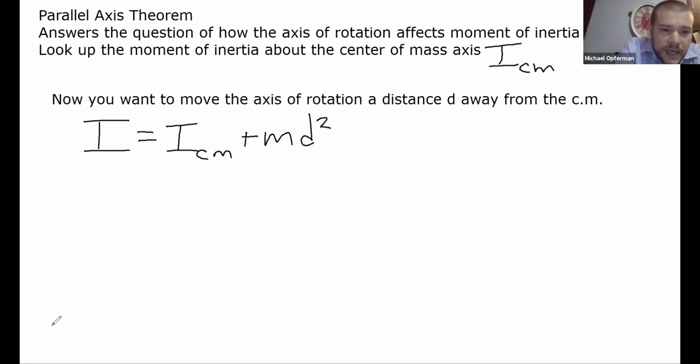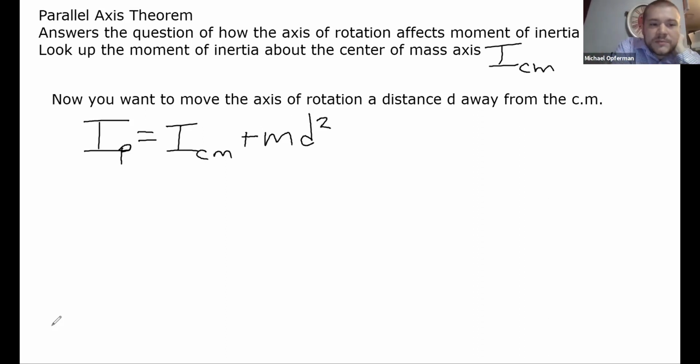Sometimes I call this I_P for parallel, because as the name suggests, this only works if you move the axis of rotation just back and forth. You can't rotate the axis of rotation, but that's not something you would normally need to worry about anyways. Okay, so let's see this in action. Let's try to solve the problem of the rotating pen that I've been doing.